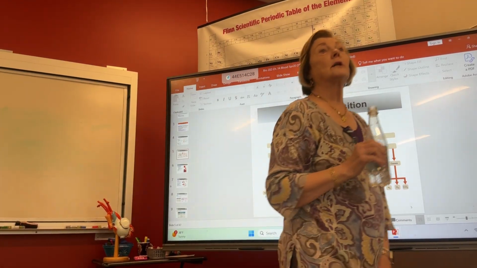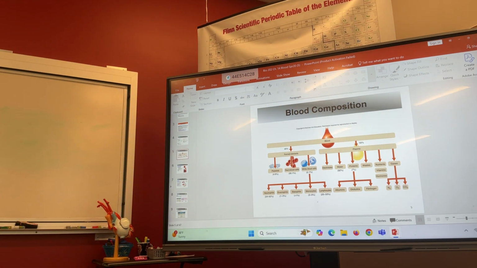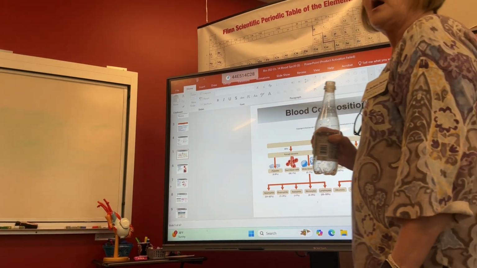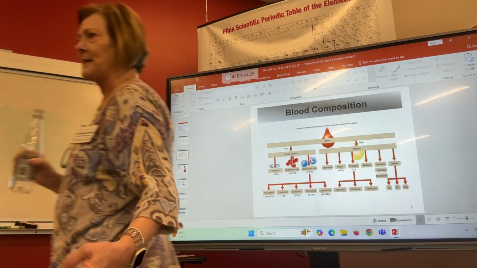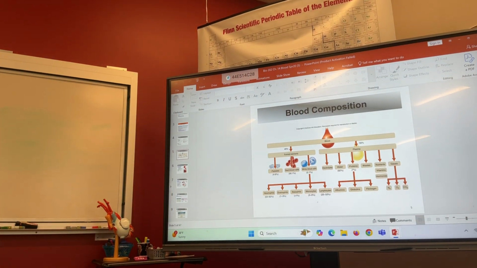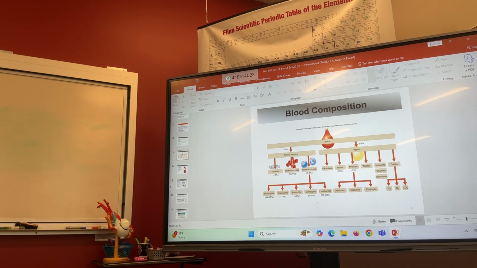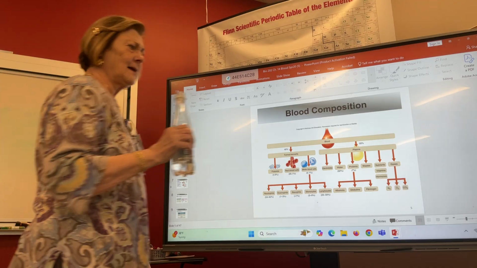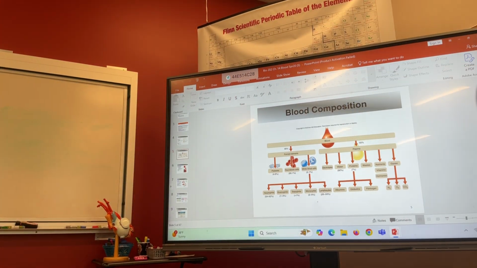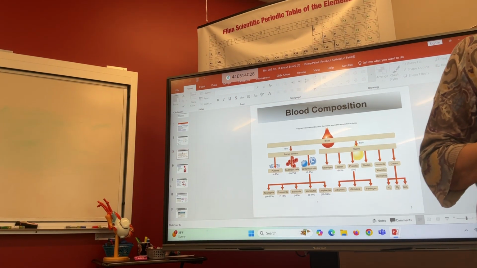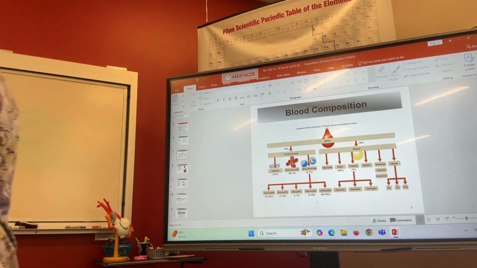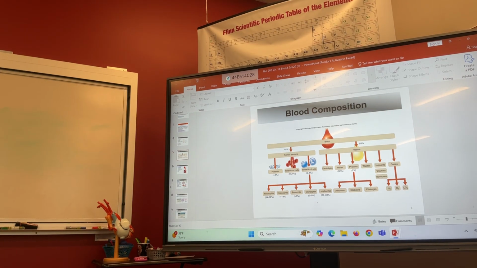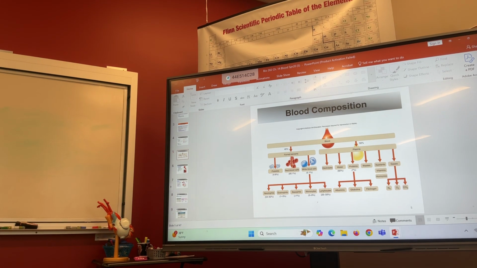Leukocyte. And what is its function? Defend against disease. What do we call any disease causing something? Pathogen. Good. Y'all are doing way better than the morning. I don't know if they weren't awake or if they just didn't look over their notes. Thank you very much. How about a platelet? Thrombocyte. What is its function? Excellent.